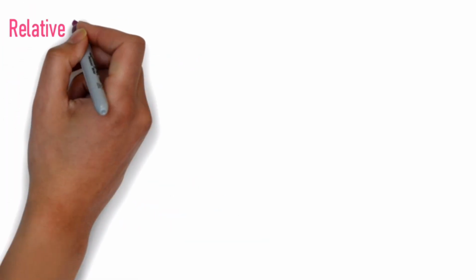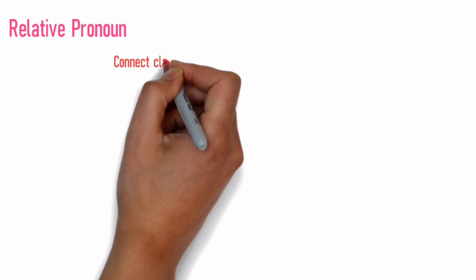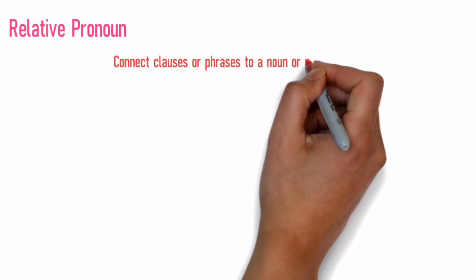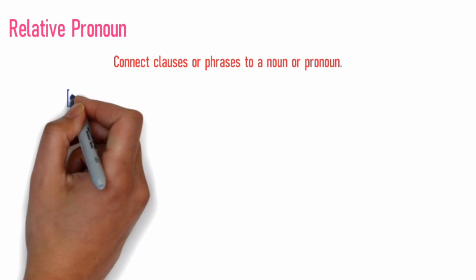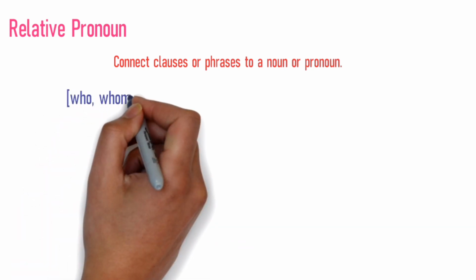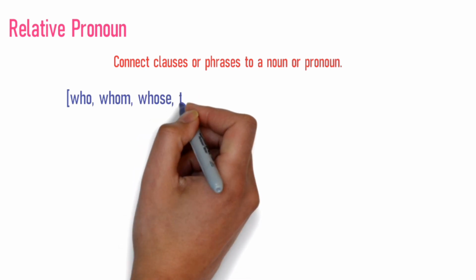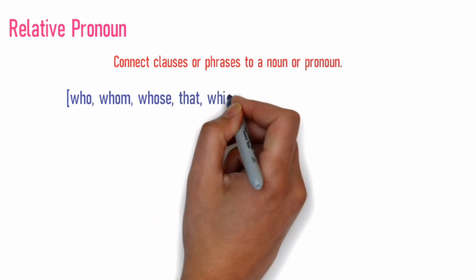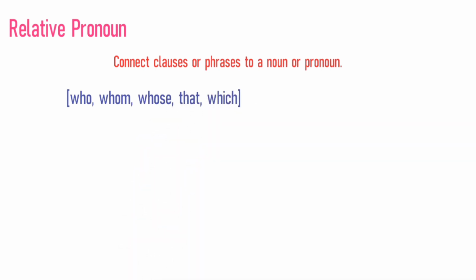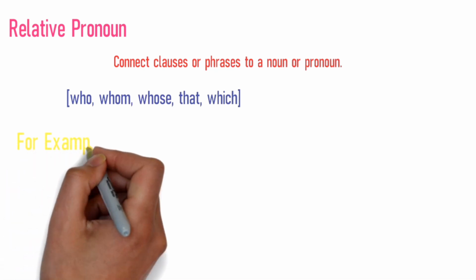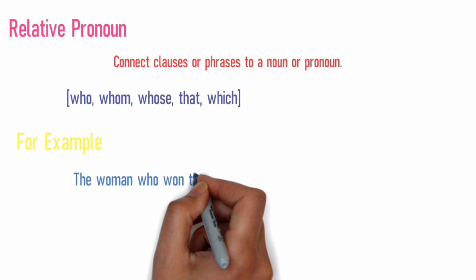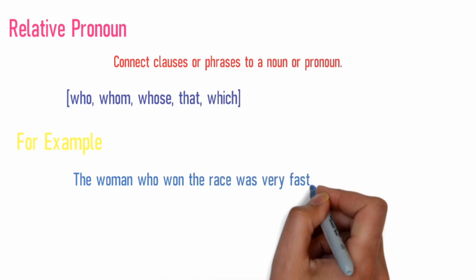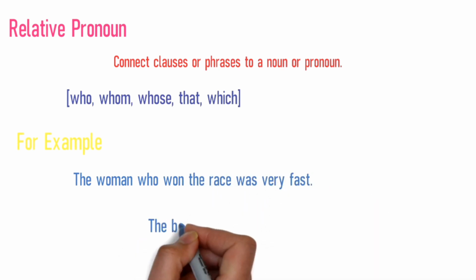Relative pronouns. Relative pronouns are used to connect clauses or phrases to a noun or pronoun. For example, who, whom, whose, that, and which. Let's understand them with some sentence examples. "The woman who won the race was very fast."